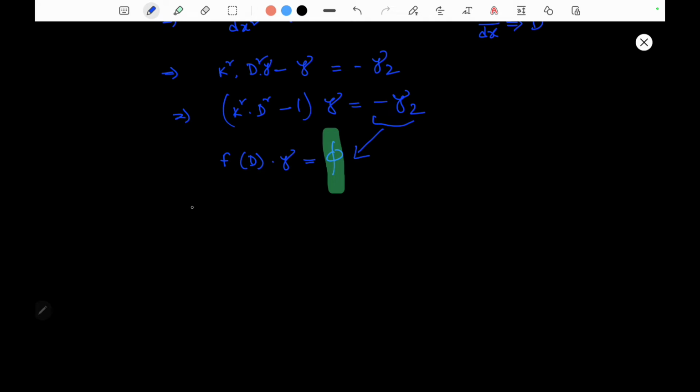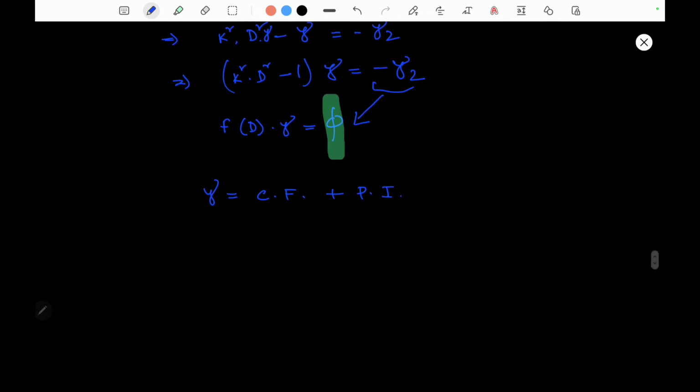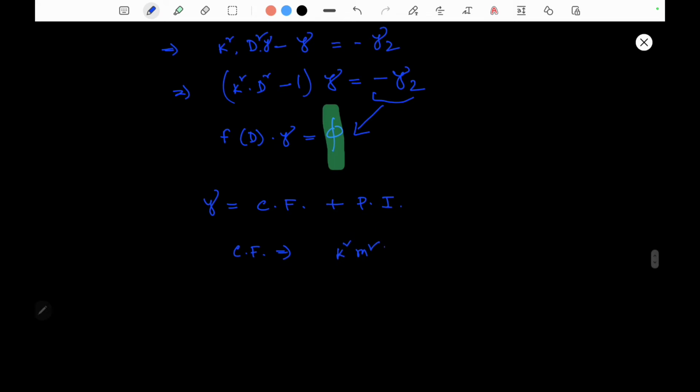Now we need to find the solution of the equation. For the solution, we write y equal to complementary function plus particular integral. To find the complementary function, first of all we need to find the roots of the auxiliary equation. Here the auxiliary equation we can write as k square m square minus 1 equal to 0.